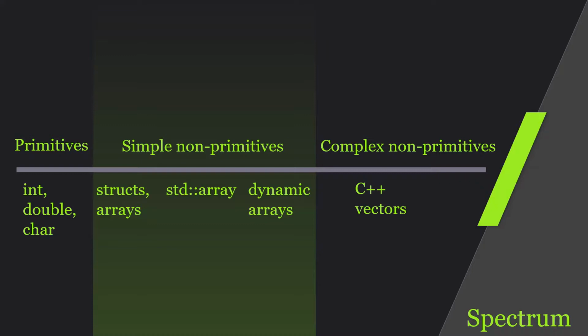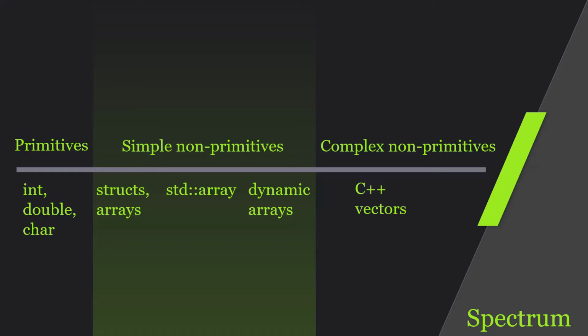Now, on the other hand, if we need to be able to search and sort and maybe add and subtract and do all these different things to the data, in terms of the number of data that we're going to have and the operations we want to perform, then it'd be very difficult to implement that program or develop algorithms for that problem using simple non-primitives or primitives.